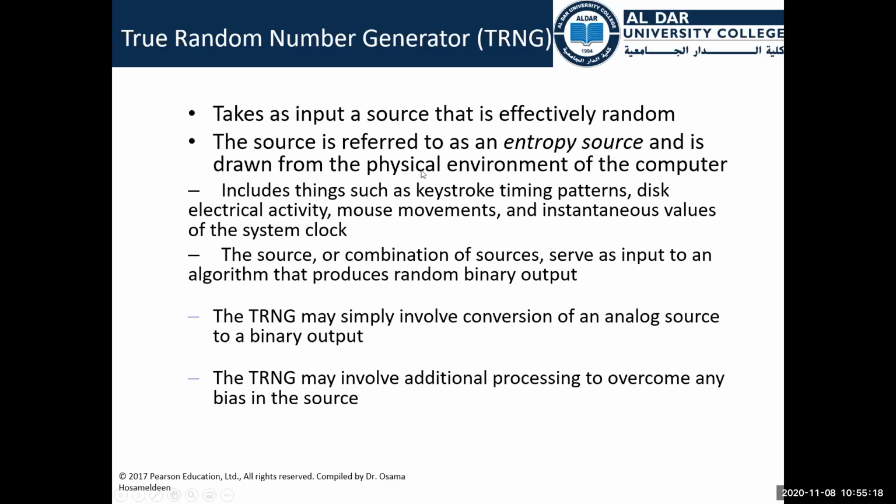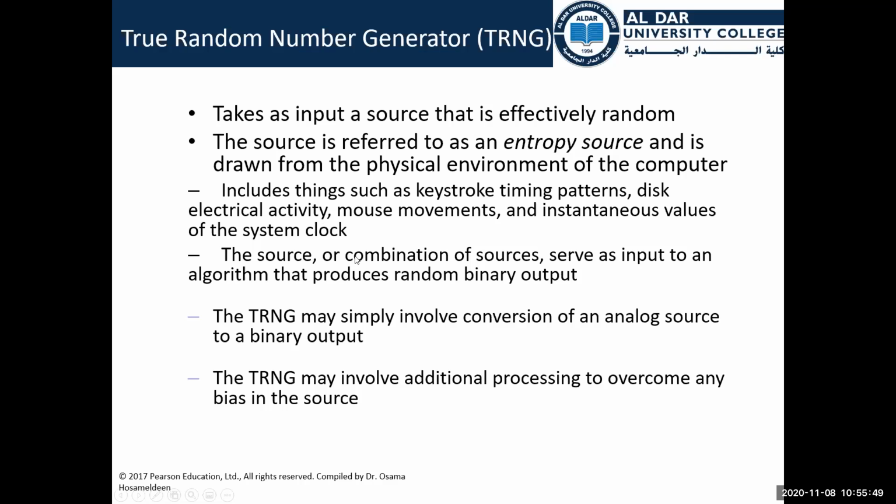And that is drawn from the physical environment of the computer, just like keystroke timing patterns, disk electrical activity, mouse movements, and instantaneous values of the system clock. We can use these natural or physical sources as an input to a true random number generator.